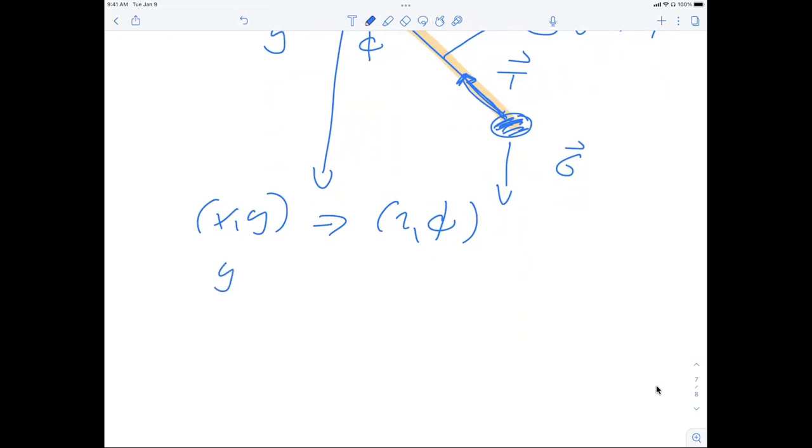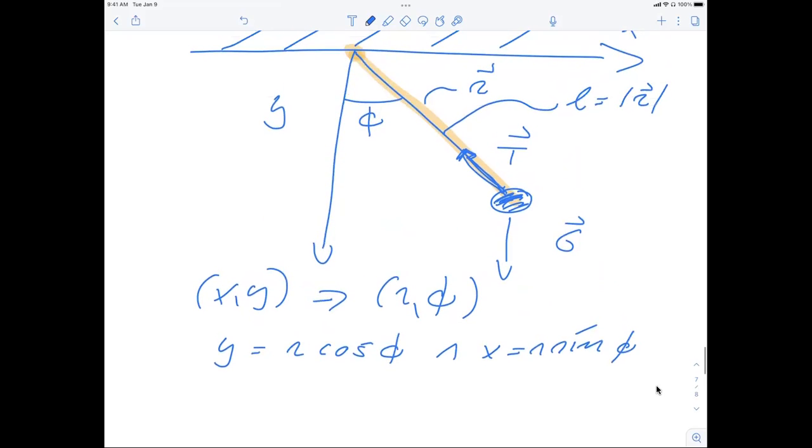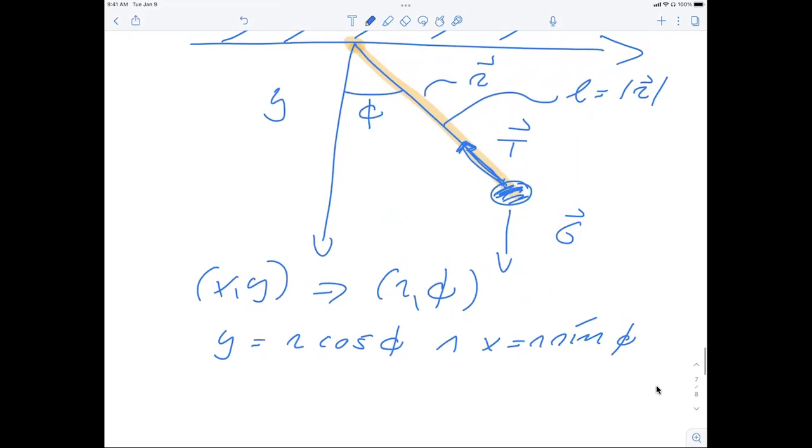So we would have y given by r times cosine phi, and x given by r times sine of phi. That simply follows from the way we have defined the coordinate system and the angles here.